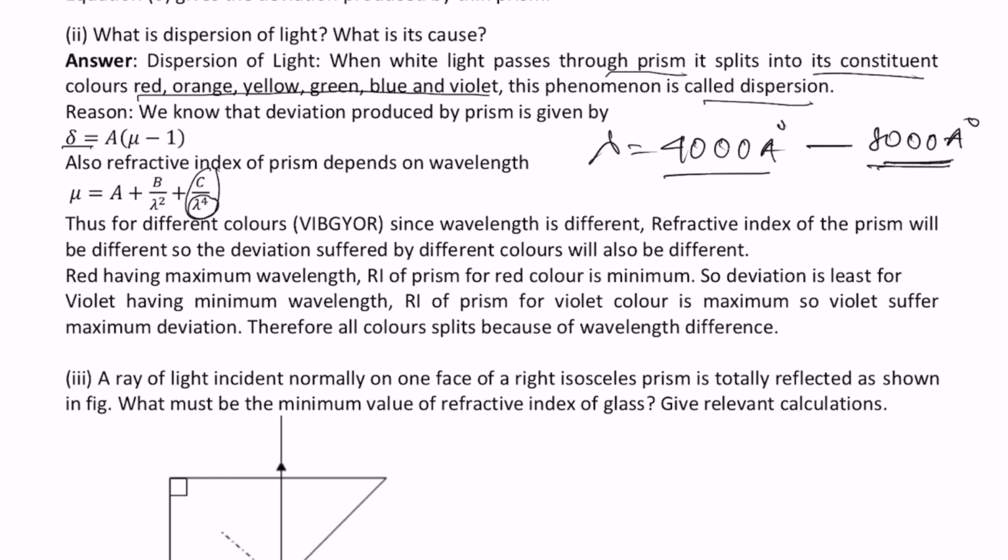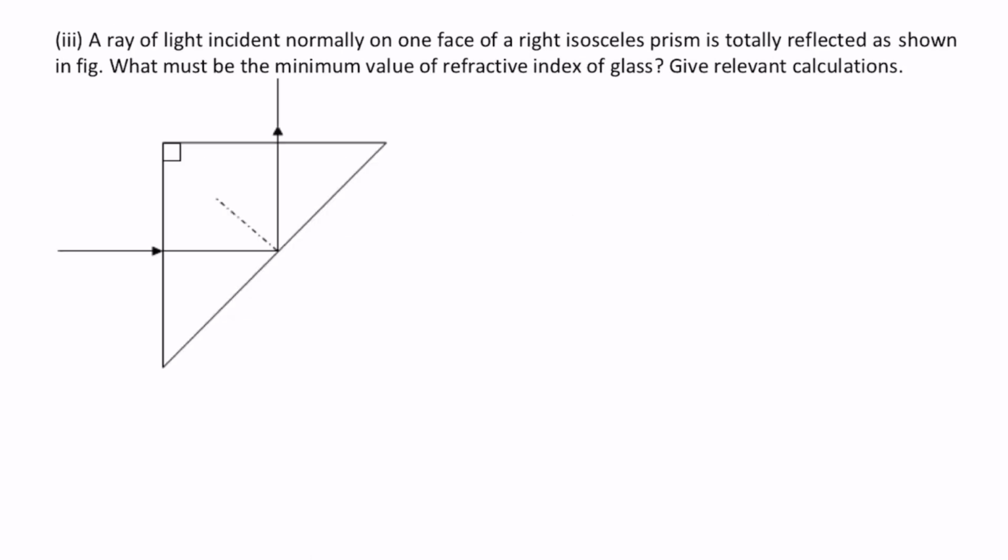Now a ray of light incident normally on one face of the right isosceles prism is totally reflected as shown. This is the right isosceles prism. This angle is 90 degrees. Isosceles means two sides are the same.